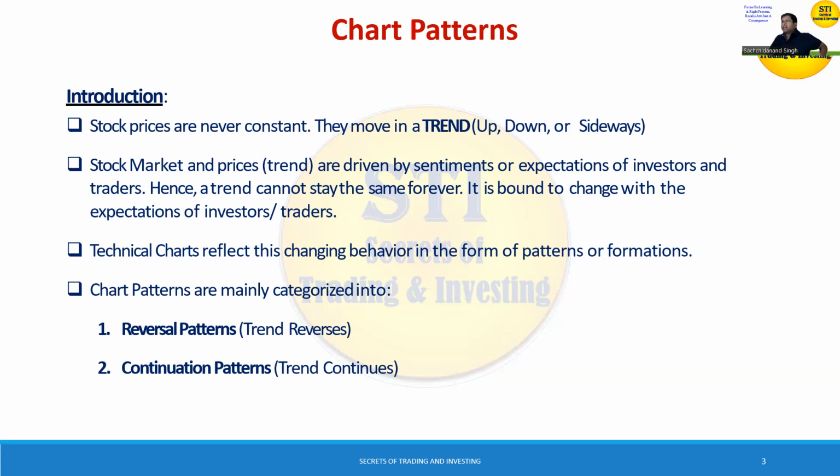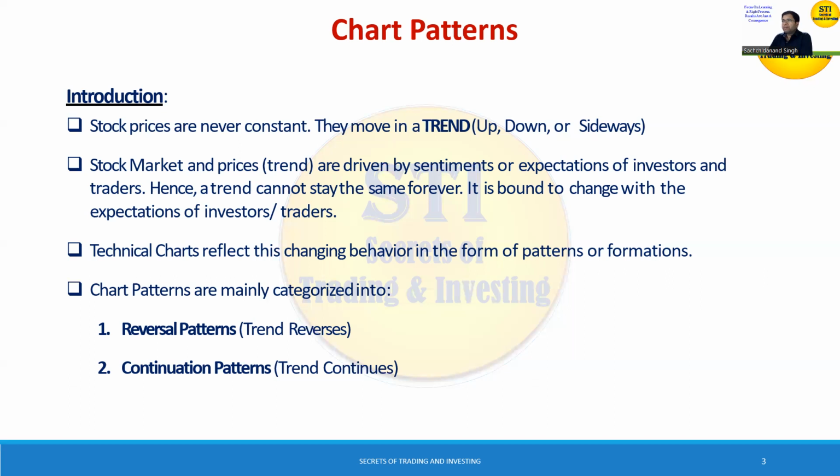So what happens in any stock, when we look at the chart, is that the prices are not constant. As we learned earlier, the prices keep on moving based on the market psychology, or the people's psychology. Due to that psychology, the movement happens in some direction, and those directions are either up, down, or sideways.